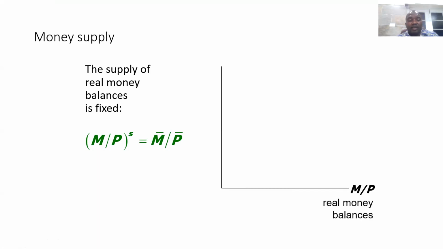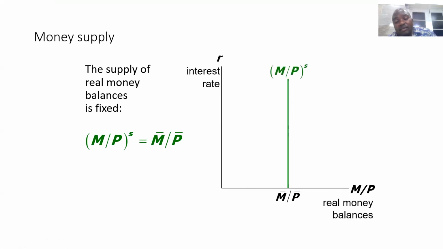Neither nominal money supply nor the general price level are allowed to vary when we are calculating real money balances. So the graph of that simply shows that real money supply is just a vertical line. In other words, there's no relationship between the real money stock determined by the central bank and the interest rate which is prevailing in the economy.